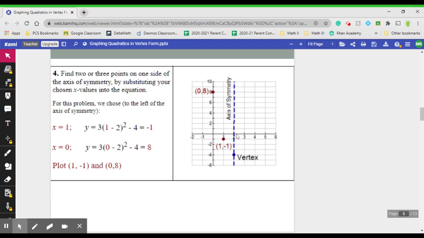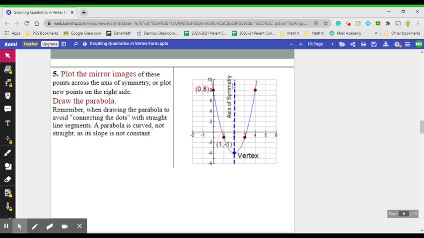Usually you want to pick a nice round number, a nice whole number, or an integer of some kind, I should say. In this case, they picked 1 as the other value, so it's just substituted in for the x in our equation, and then both of those are evaluated to get 1 point at (1, -1), and then our y-intercept of (0, 8).